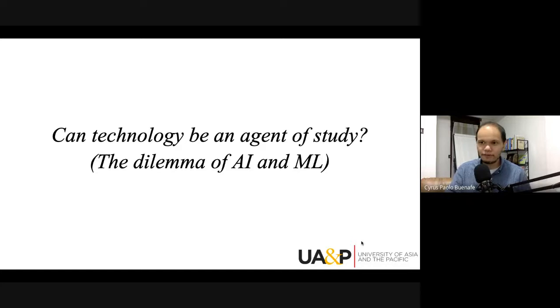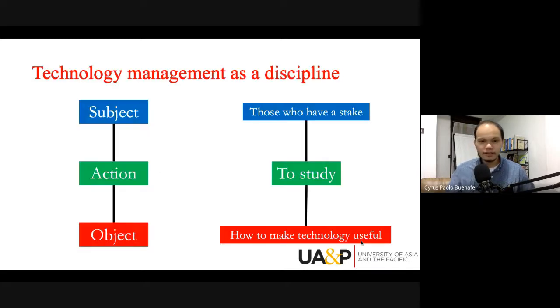I'm not sure if in my lifetime or in your lifetimes I will see that, but technology will still need the services of the human person to be able to drive this forward. So there you have it. Technology management as a discipline: who are the agents? Who are the ones who are really studying technology management? Those who have a stake. And what we're doing in technology management as a discipline, we're here to study.